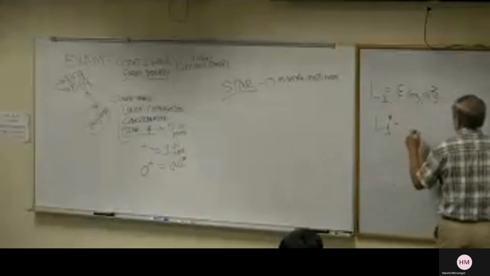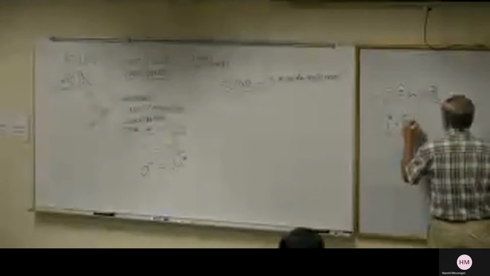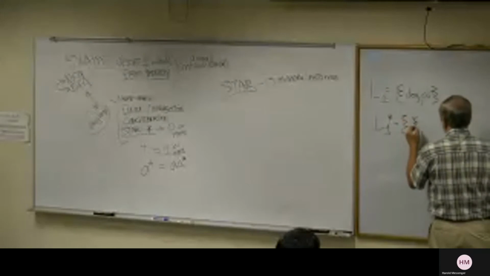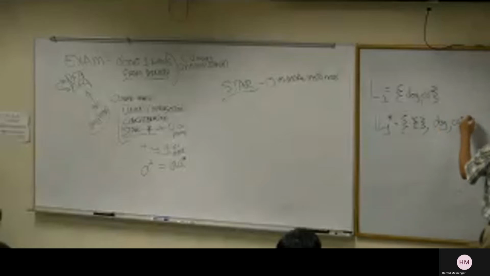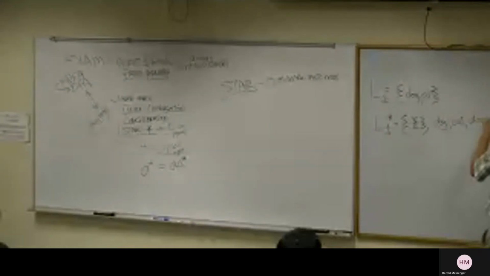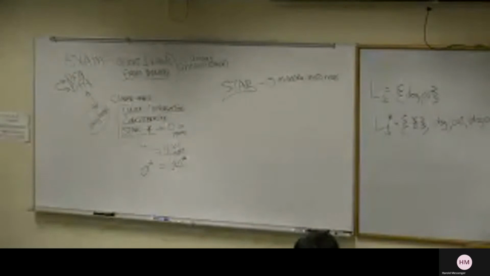The star operator gives me an up to infinite number of repetitions of that. So L1 star would include the empty string, I should have put. So I could pick 0 elements. I could pick dog, cat. I won't enumerate all of them.